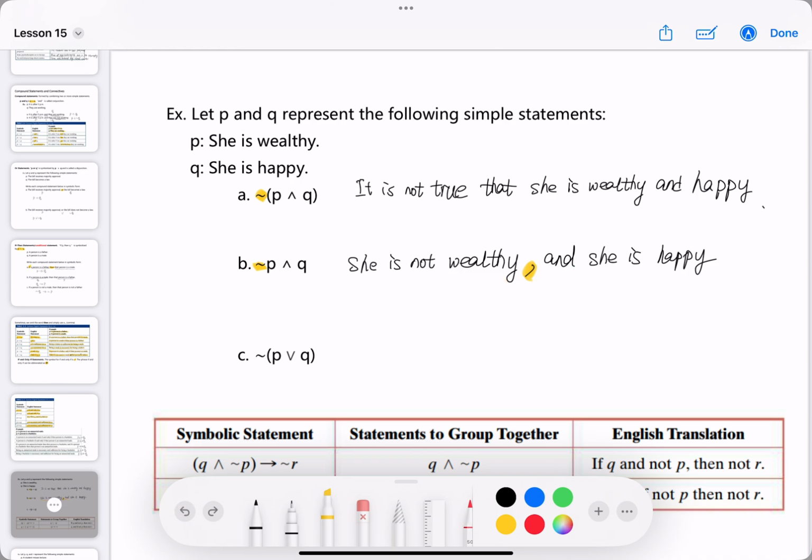Okay, last sentence. This symbol means not, means negation, means it is not true. It is not true that, in the parentheses, we are having P, she is wealthy, or, because you see the disjunction, or Q, happy.